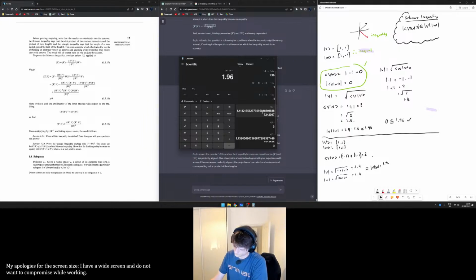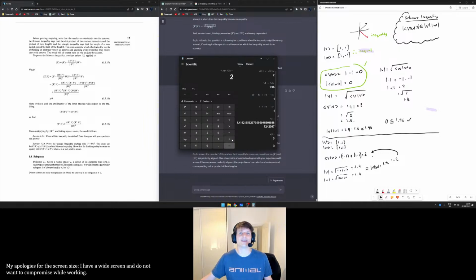Which it would have to be equal. No, no. This is me rounding. That's why. Let's do this properly. If I were to do the square root of 2, oh, for goodness sake, square root of 2 times square root of 2, then we get 2.